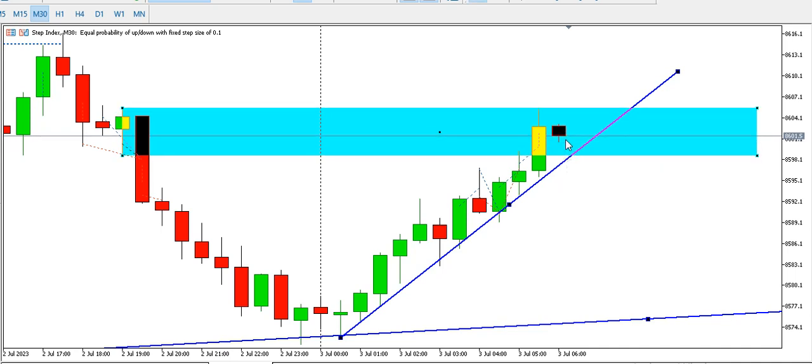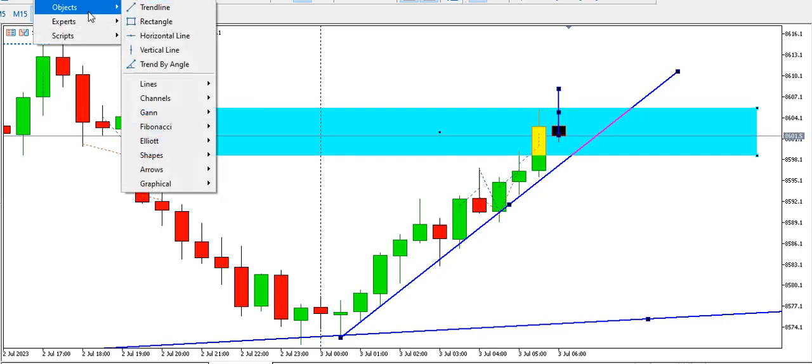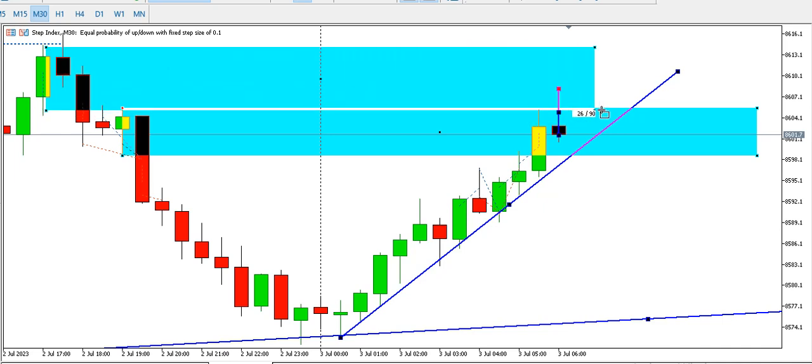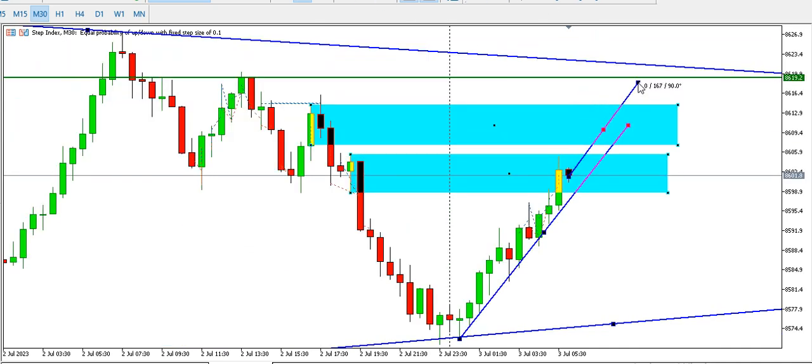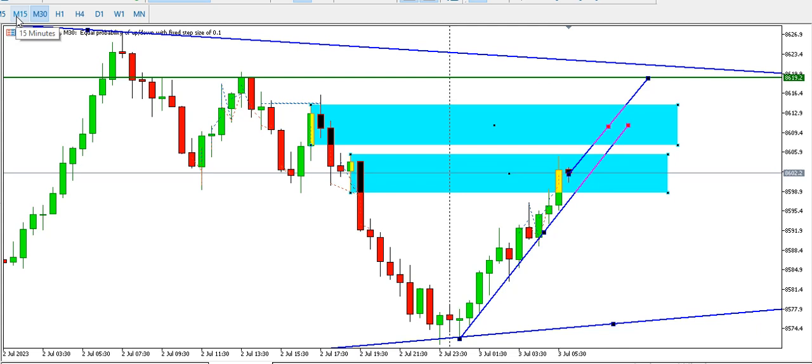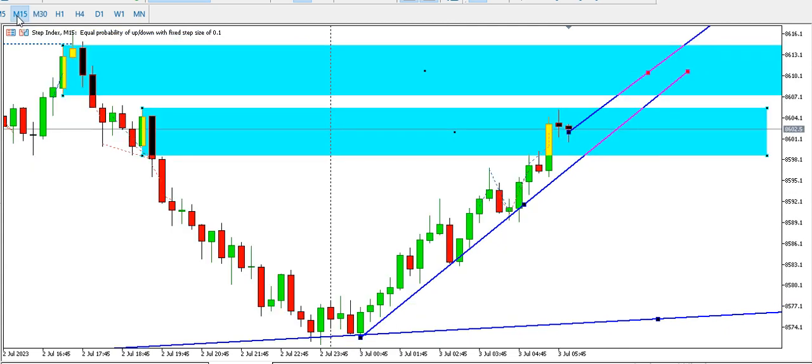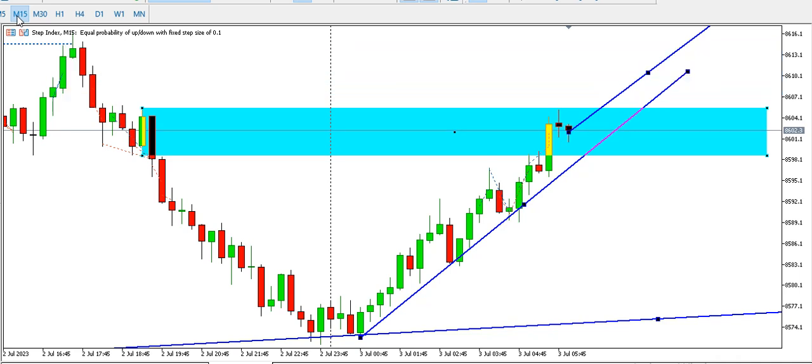But a break above this order block, we have another supply zone, another order block around here, that price might likely have to contend with. A break above this, price might head to the 8619 level. But for now, price is bullish, and you are advised to look for buying opportunities.